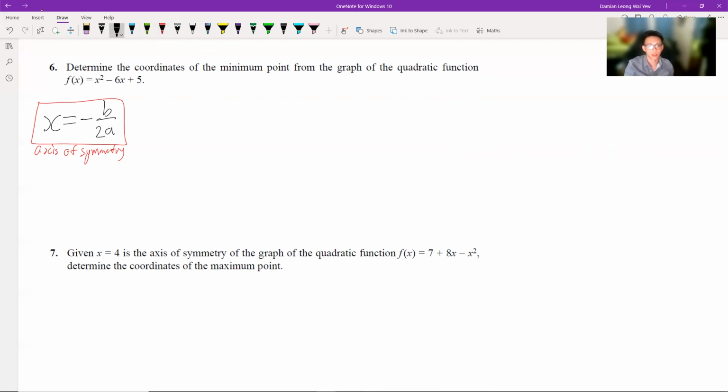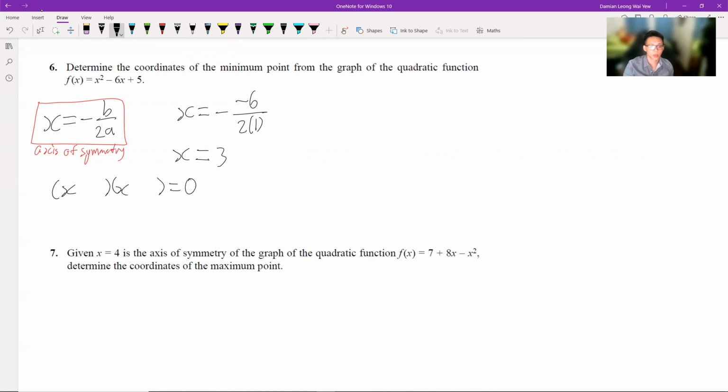You see, I can just take x equals negative b, which is negative 6, over 2a, a is 1. So it's 3. X equals 3. If I factorize it, let me show you the factorization method. Factorize, find the roots.